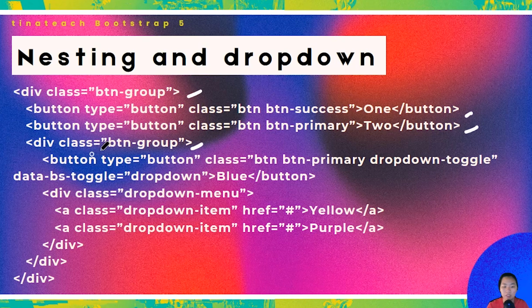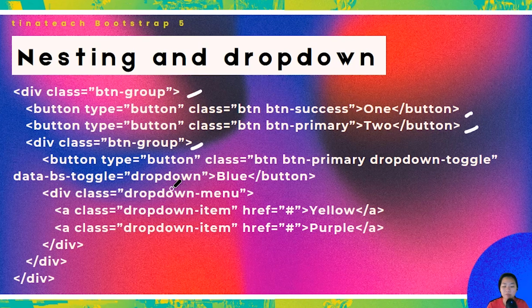Once again, button type button, class btn, then btn-primary for the blue color, dropdown-toggle. So this is where the toggling of the drop down menu starts. And then data-bs-toggle dropdown, blue. I'm just going to name it blue for now.